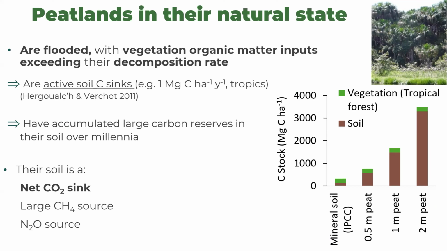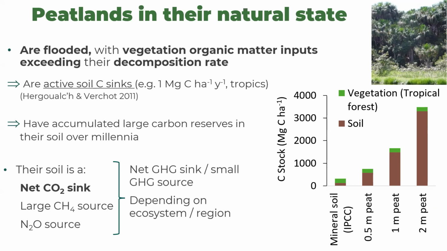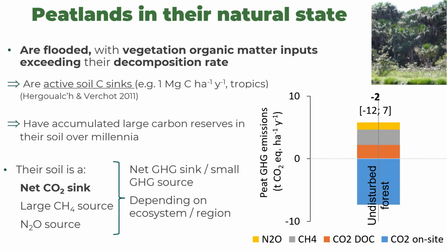Their soil is a net CO2 sink, a large methane source, and a nitrous oxide source. And so their soil acts as a greenhouse gas sink or a small source, depending on the ecosystem and the region. You can see here the balance of the 3 greenhouse gases based on a literature review in an undisturbed tropical forest.